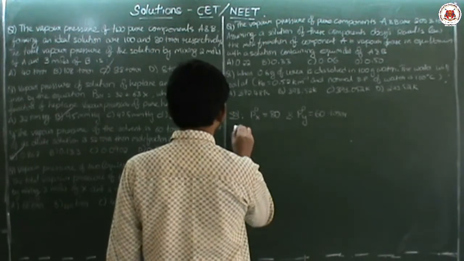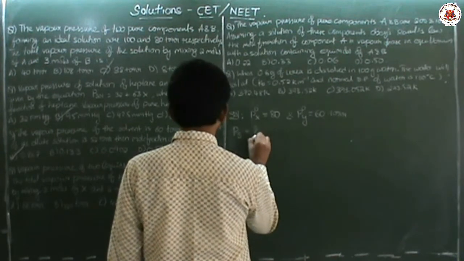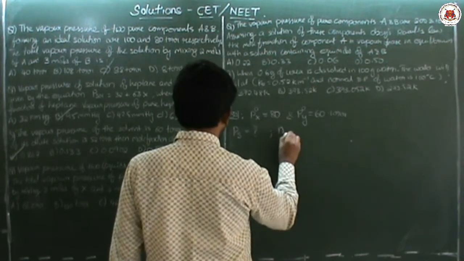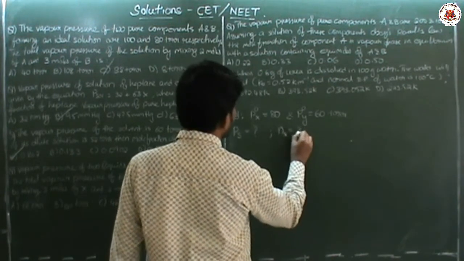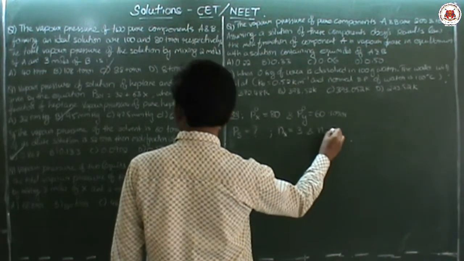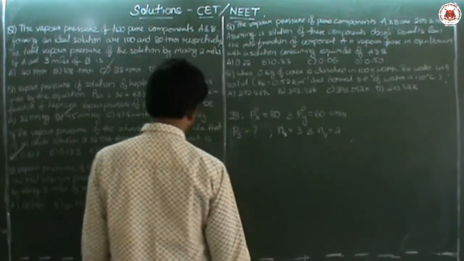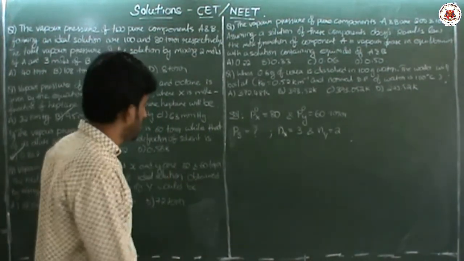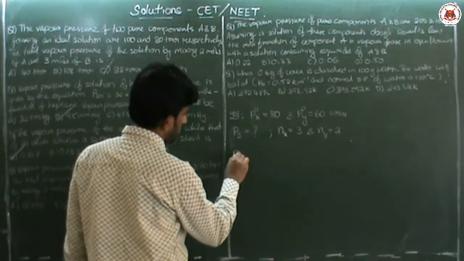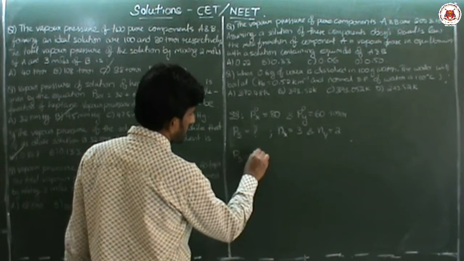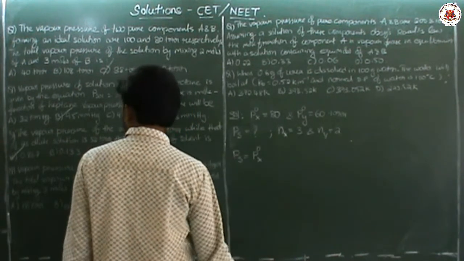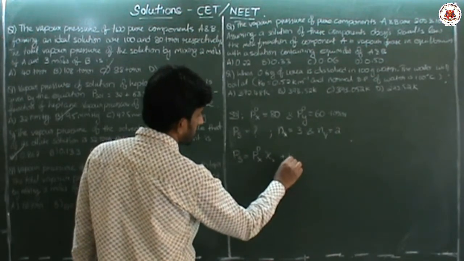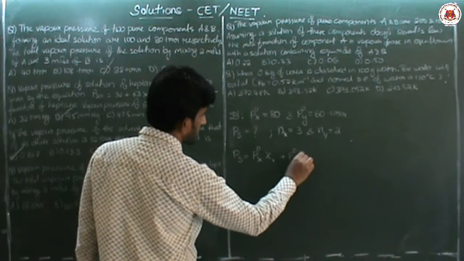They are asking the pressure of the solution, provided the number of moles of X is 3 and the number of moles of Y is 2 moles. Now this is again Raoult's law with two volatile liquids. So the Ps, the pressure of the solution or total pressure, is equal to P naught X into the mole fraction of X plus P naught Y into the mole fraction of Y.